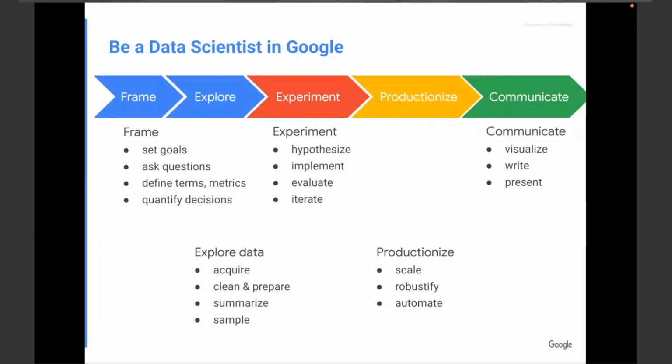Then we start the exploration stage. We're going to look into the data. A lot of the effort actually will be spent on validating the data. As many of you know, Google has tons of data, but also, as expected, not all of the data are perfect. So we're going to do a lot of data sanity checks, a lot of data exploration analysis.